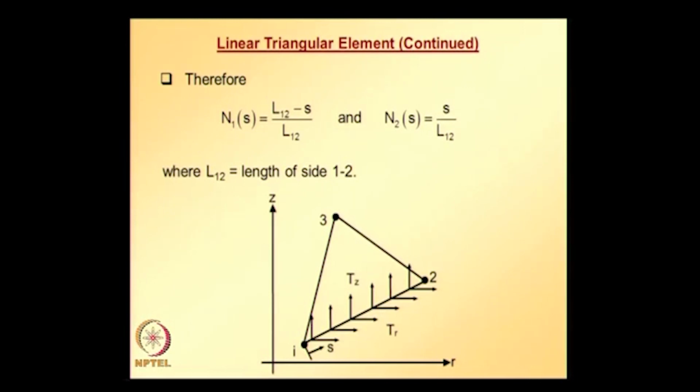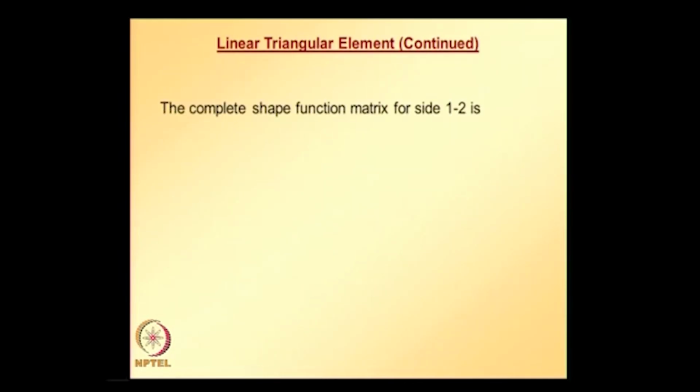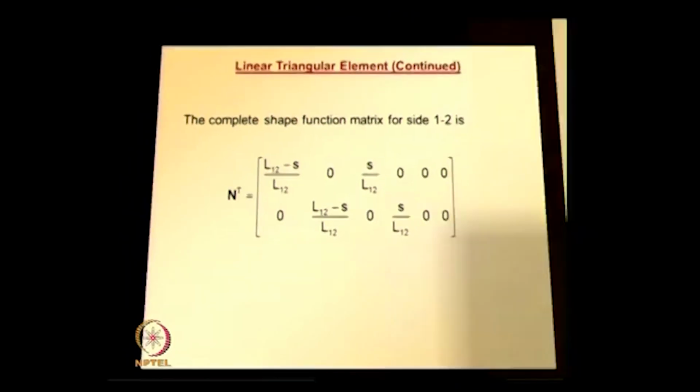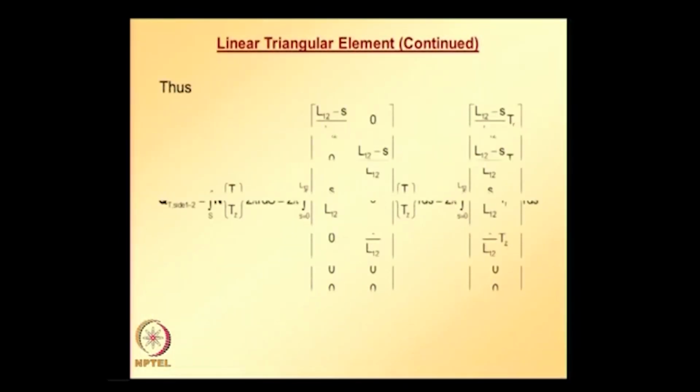So with this we can write the shape function matrix consisting of N1, N2, N3, which is required for computing the equivalent nodal load vector. This is the shape function matrix along side 1 2, and then we need to substitute it into the definition of the equivalent nodal load vector.